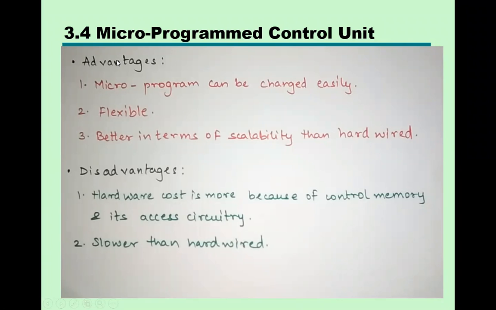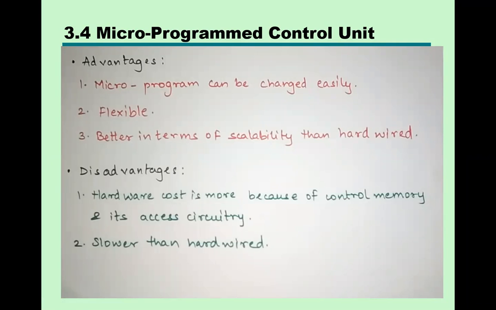But with this, there are some disadvantages. For the microprogram control unit, what kind of disadvantages are there? In hardwired, we have seen hardwired is faster, right? But the microprogram is slower. Why?